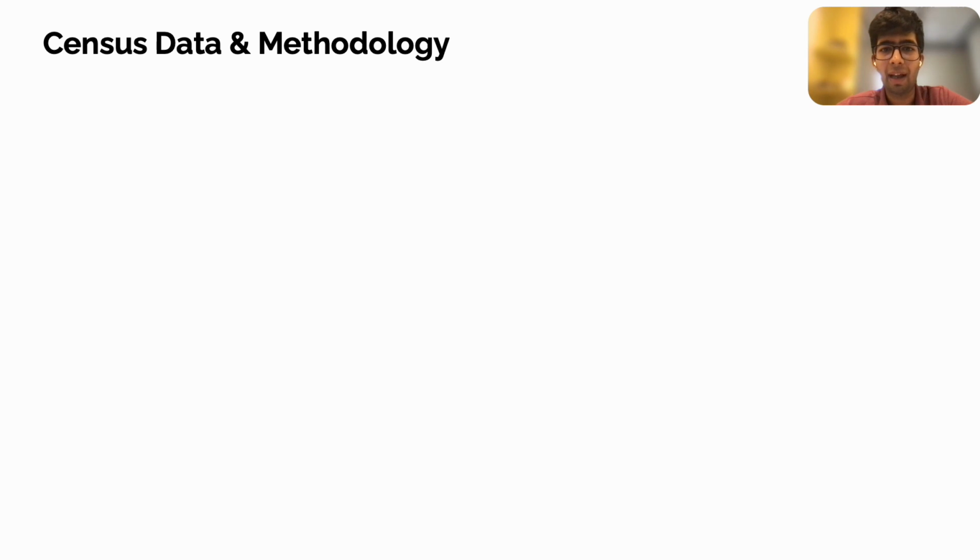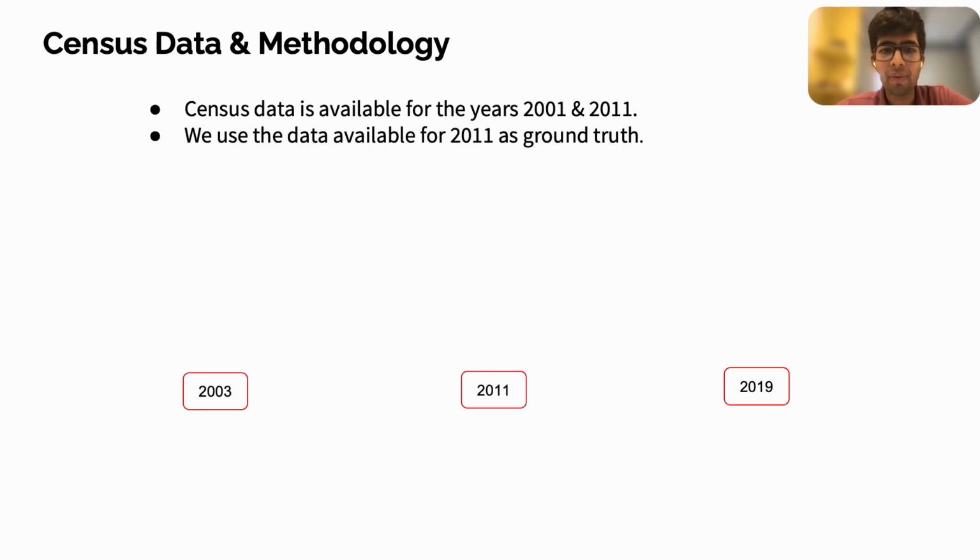We'll now look at how we use the census data in our work. Census data is available for the years 2001 and 2011, from which we use the 2011 values as the ground truth. An important point to note here is that satellite imagery data is available from 2003, and since it is close to the 2001 census year, we use this data to evaluate our estimate of development against the 2001 census data.